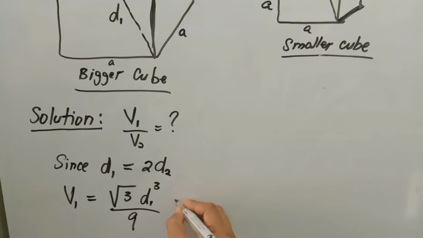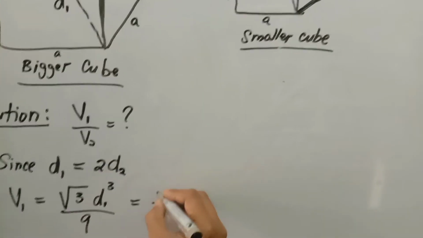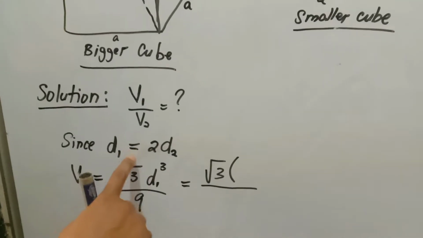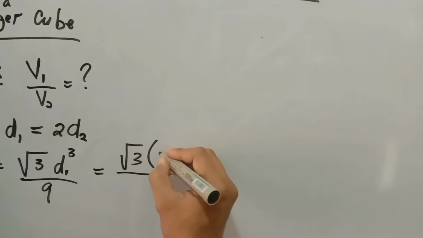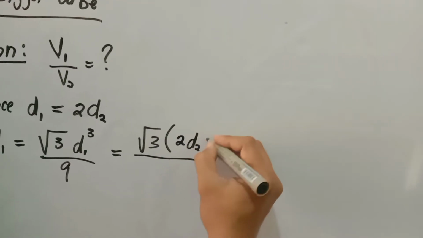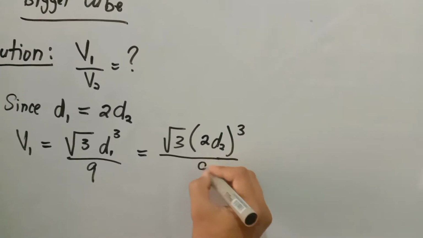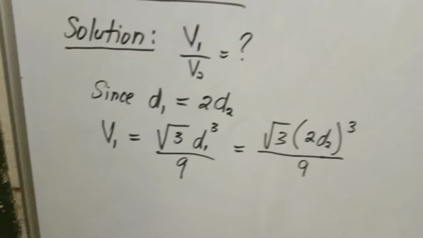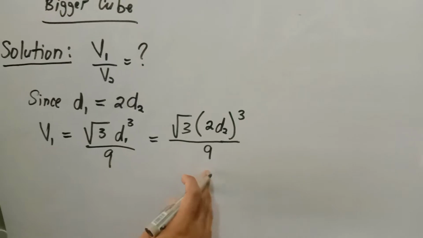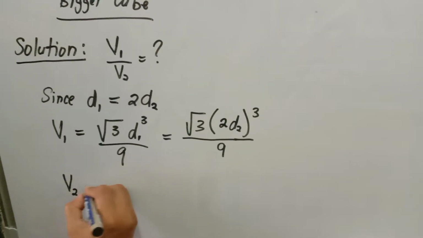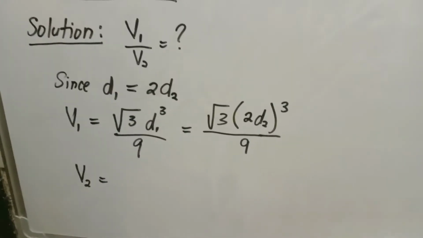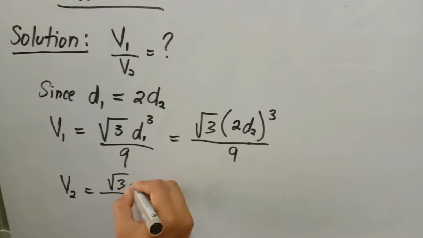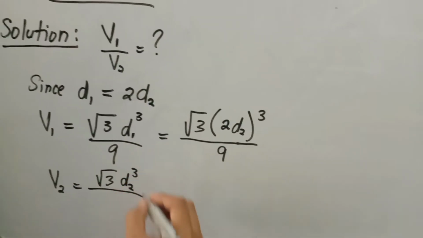It's equal to square root of 3 times, what is D1 here in this condition? D1 is equal to 2D2. So 2D2 to the power 3 over 9. And for V2, okay guys, V2 is equal to square root of 3 times D2 cube over 9.